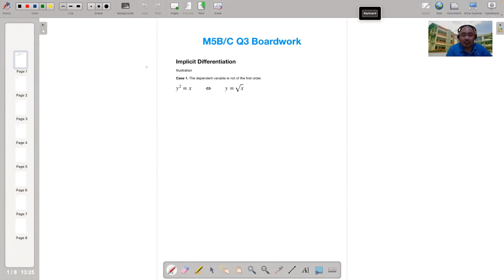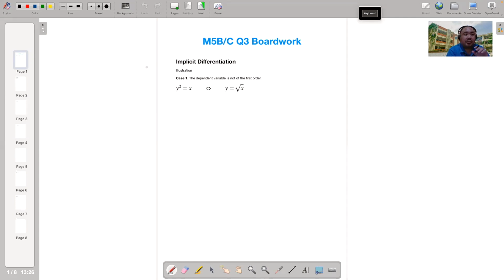Primarily, we will be discussing two types of function expressions where you will need to do implicit differentiation. The first case is when the dependent variable is not of the first order.